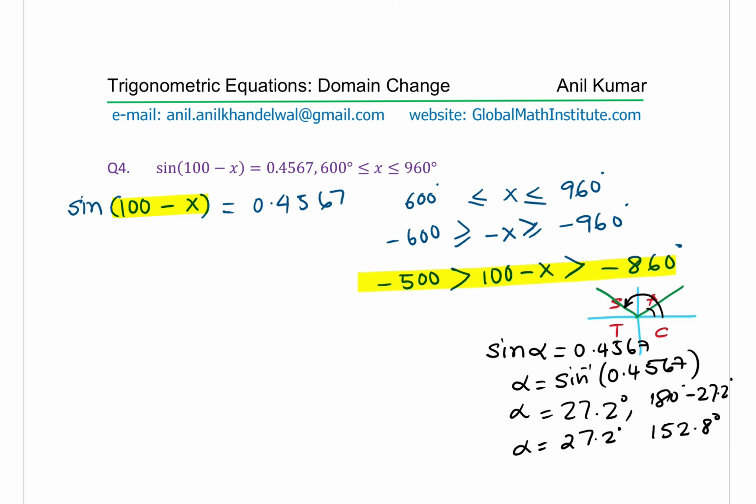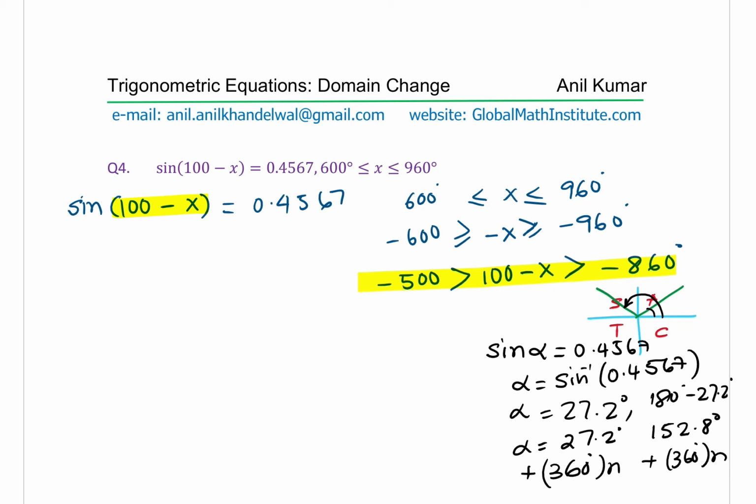But clearly, as you can see, these two numbers are not within the domain. That means we have to add multiples of 360 degrees to get our correct domain, right? So clearly, these multiples should be negative. So we have to actually take away multiples of 360 to get into this particular domain.